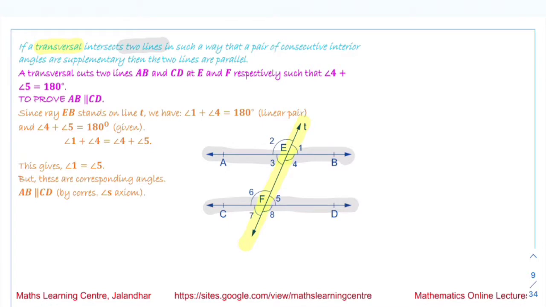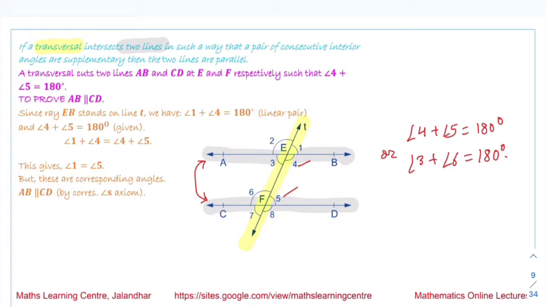So a pair of consecutive interior angles are supplementary means angle 4 plus angle 5 is given to be 180 degrees, or angle 3 plus angle 6 is given to be 180 degrees. So what we have to prove now is that these two lines AB and CD are parallel to each other.